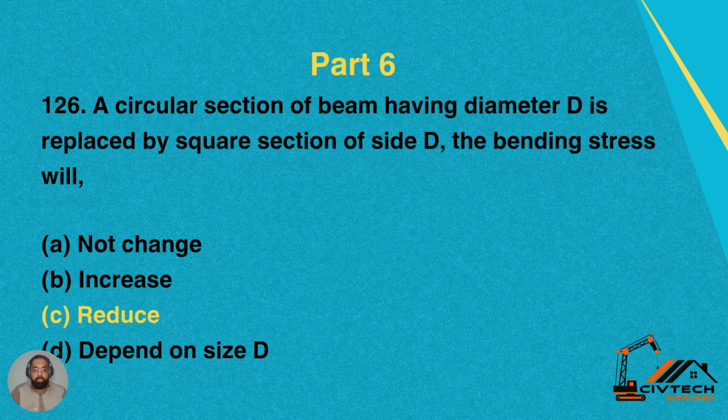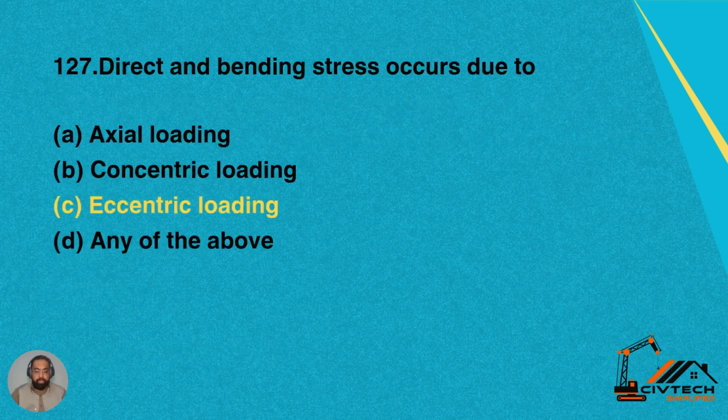There is a beam which has a circular section, and now that section has been replaced by a square section of side D. Earlier the diameter was also D. The bending stress will be option A, not change, option B, increase, option C, reduce, option D, depend on the size D. So once we change this section of the beam from circular to square, the bending stress will be reduced. Option C is the correct answer for this question.